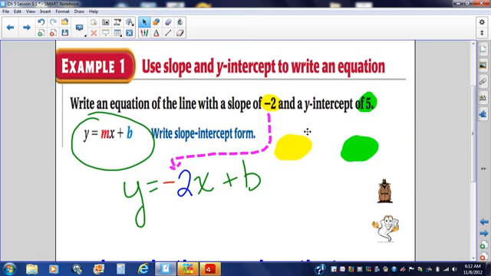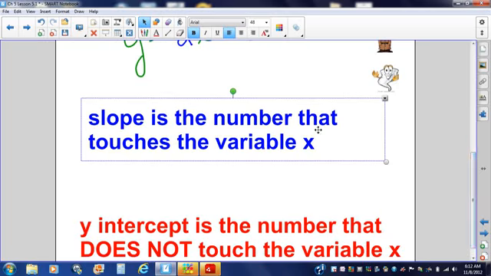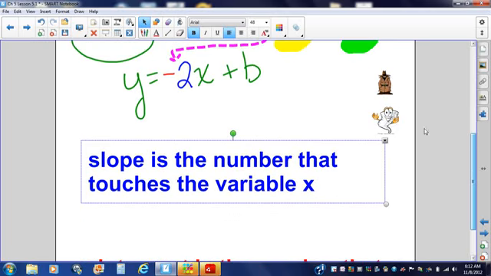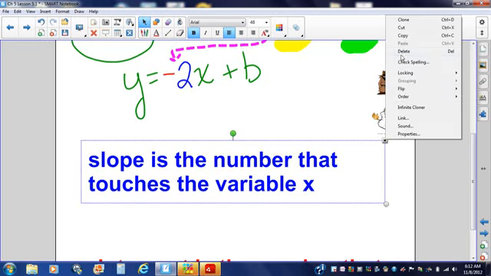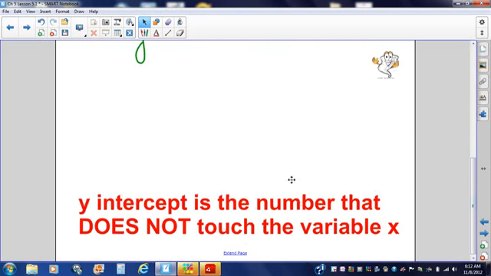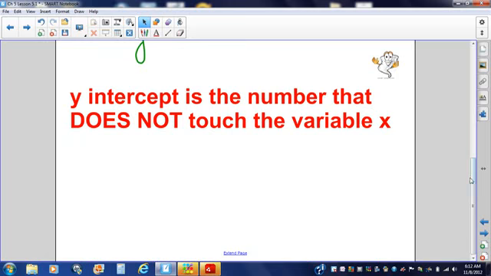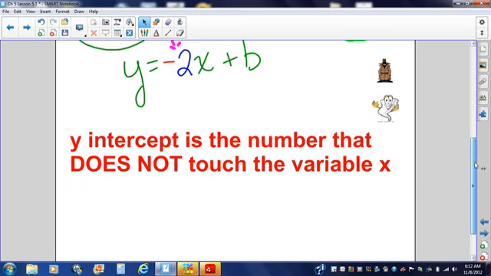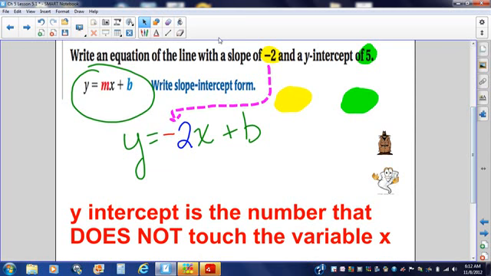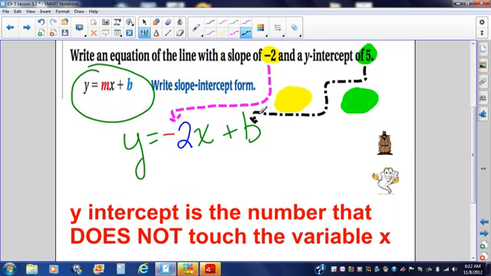Next thing I'm going to do, I have a y-intercept of 5. Remember, slope is a number that touches the variable x, so this is my slope. Remember, y-intercept is the number that does not touch the variable x. So b is not touching the variable x. So I am going to take 5 and put it in for b.